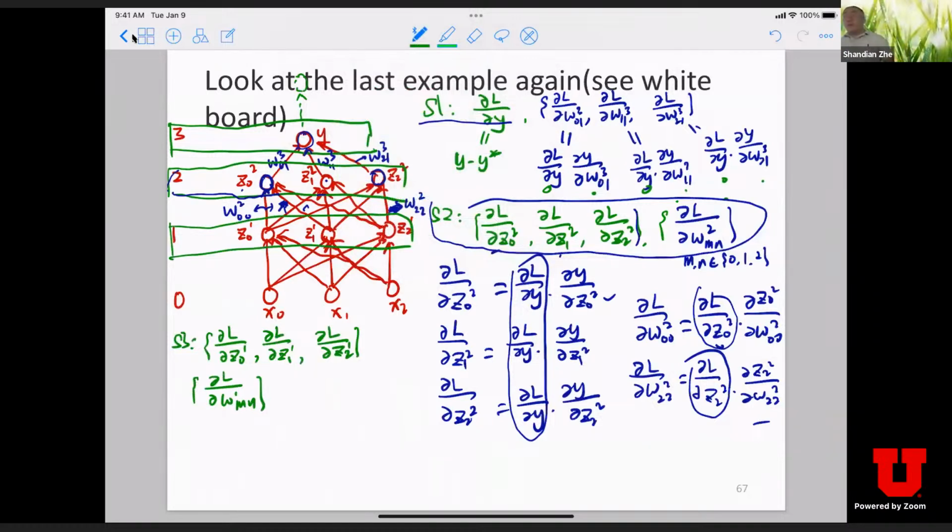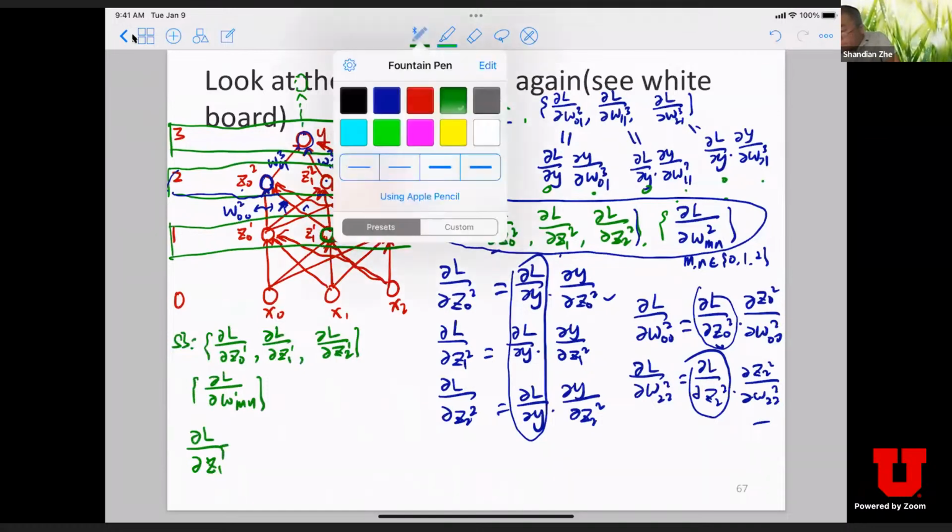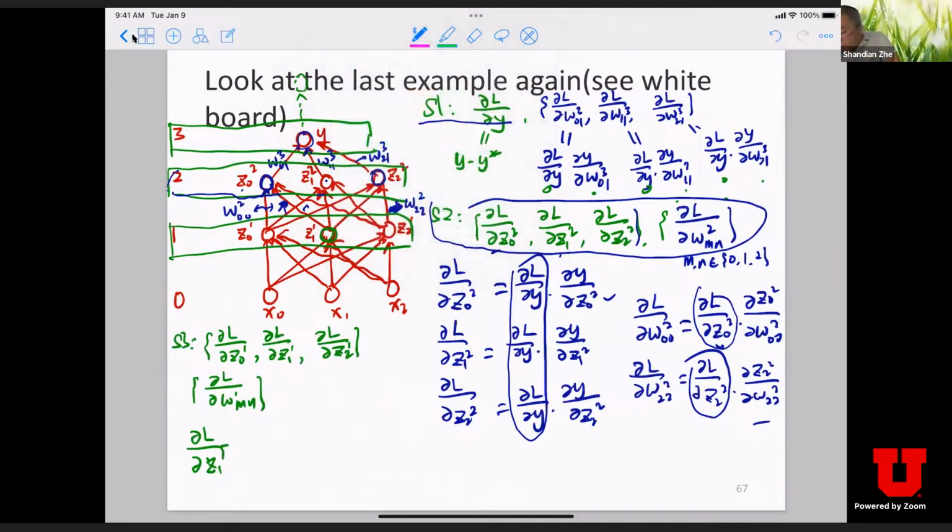So I'm going to use one quick example to show that, right? So how to compute partial L over partial Z11, like this one. How many parents does Z11 have?